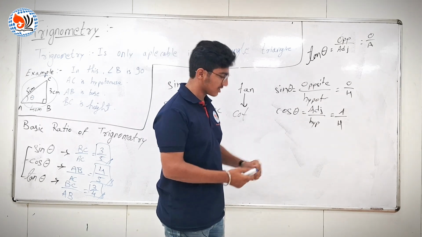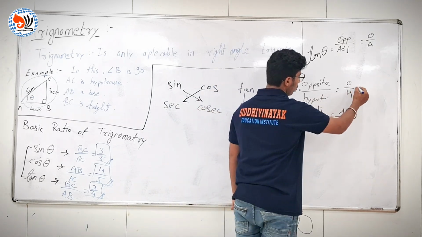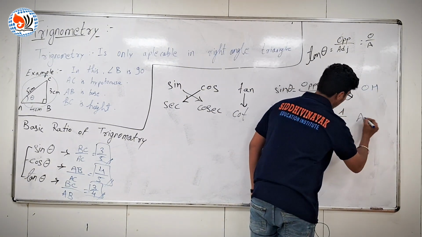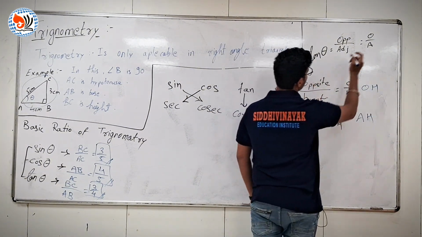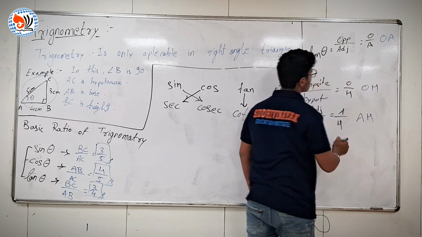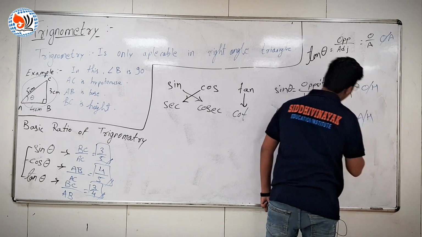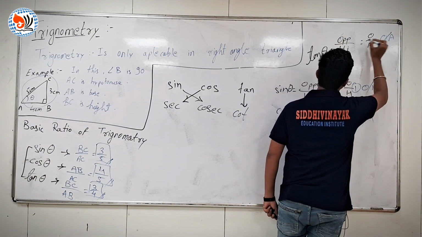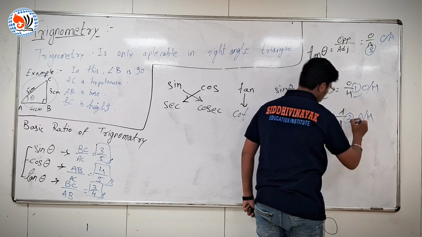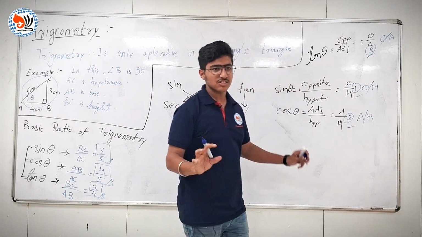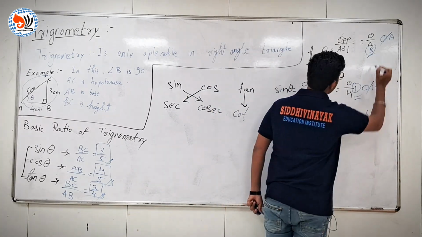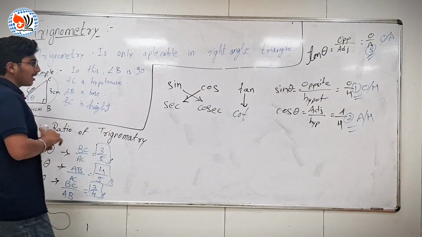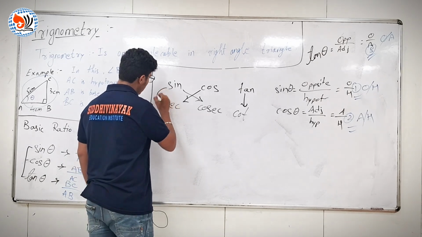The basic formula to learn this: sine is O over H, cos is A over H, and tan is O over A. It means first sine, then cos, and then tan: O H, A H, O A. The basic structure to learn it. And the other three are just reciprocals of this.